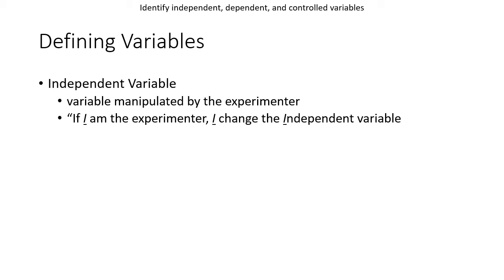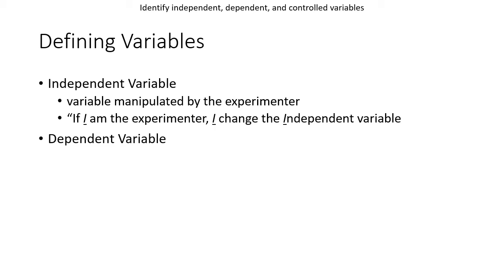If I am the experimenter, I change the independent variable. And notice the word independent starts with the letter I. So I get to change the independent variable. I choose what it is, just like you get to choose what the drop height is. You can drop it from higher, from lower. Yes, you have to measure it, but you get to choose where to drop it from.